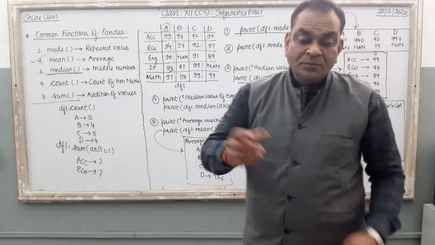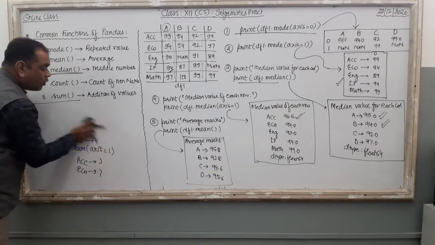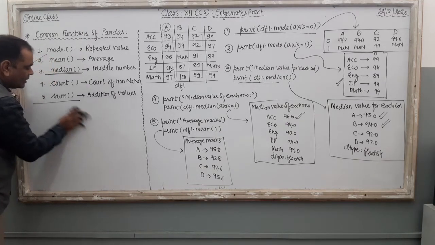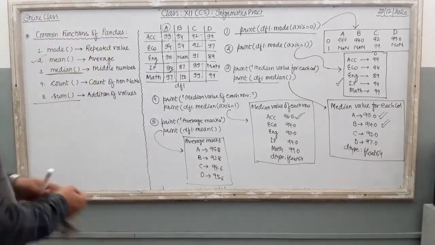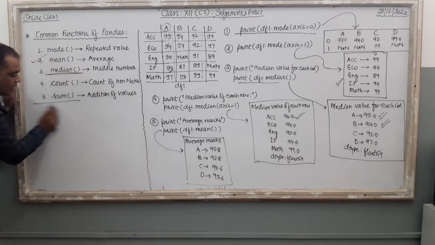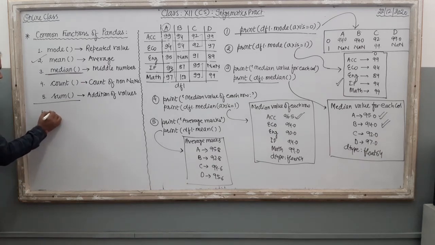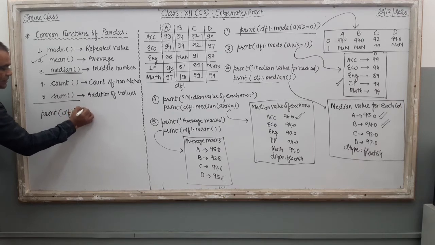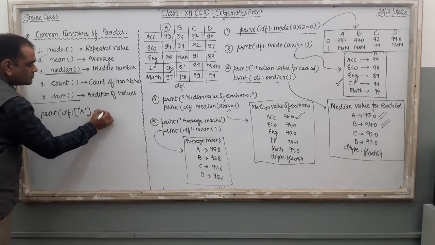And also, you can apply these functions on a specific column. Right? Here, mean, mode, median are applied on the whole data frame. It is applied on the whole data frame. Clear? Now just see. If I use it like this, print df1, bracket, here is the column name, and then I use dot mode.